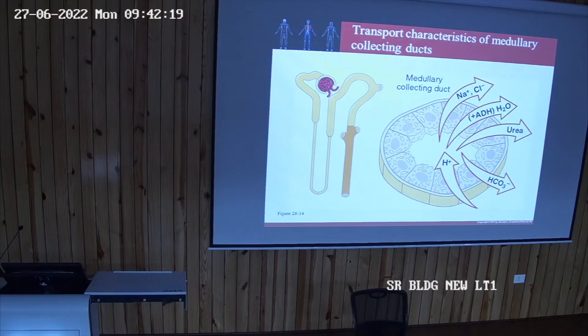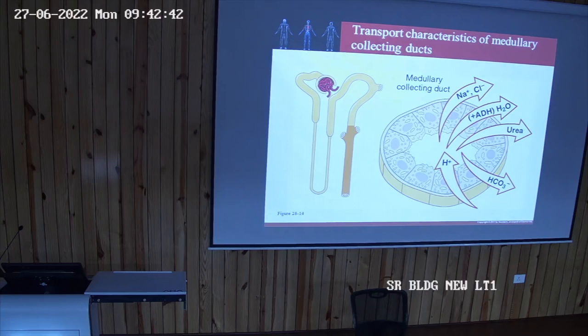So both things are important, ADH and aquaporins, and the type of reabsorption becomes the facultative type. So the question again in our mind is: differentiate between facultative and obligatory type of water reabsorption.